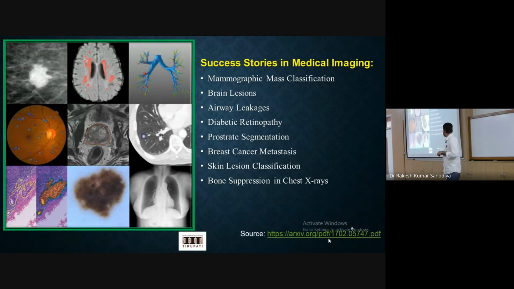And there are other applications also, like prostate segmentation, and metastasis in breast cancer. I think these are histopathology images, where they were doing some breast cancer related work from the sample they have taken. These are skin lesions.